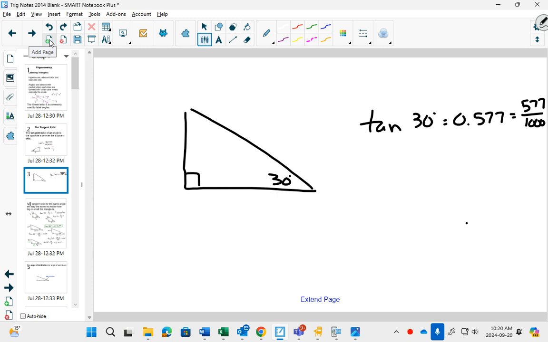If I only went to my tens decimal place, rounded, that would be 0.6, 6 out of 10.